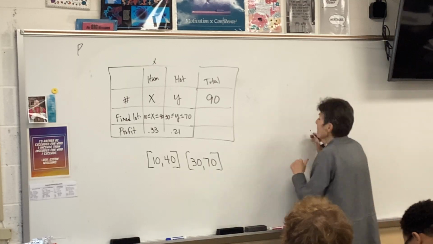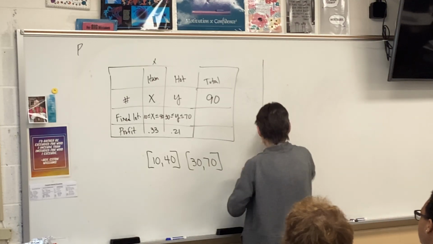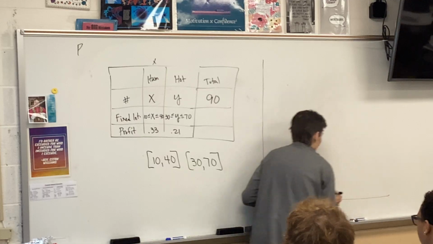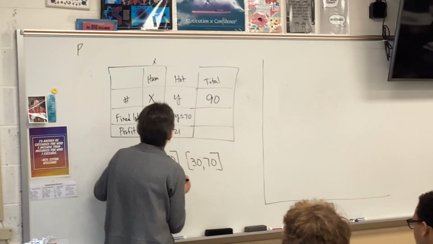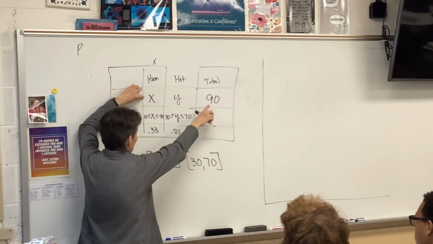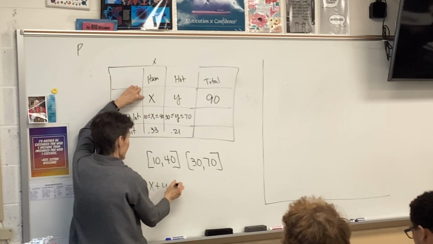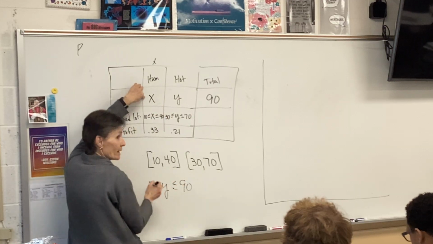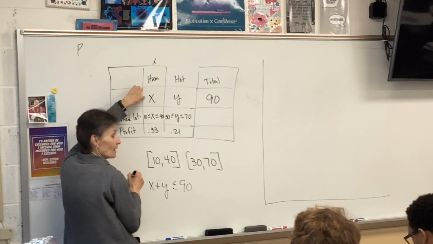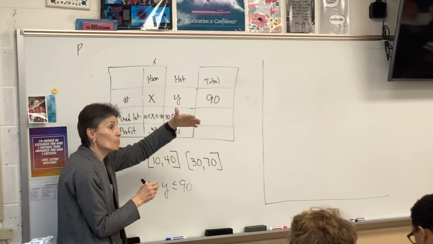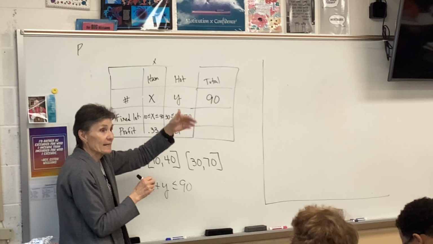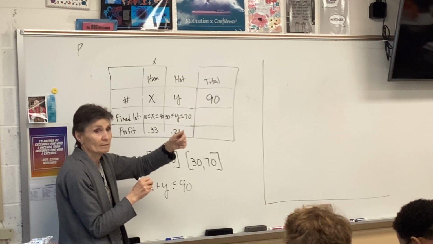All right. Now, what am I going to graph? Well, what does that top one say? X plus Y is less than or equal to 90. Now think about that, you guys. Doesn't the problem say that I can't cook more than 90 sandwiches?